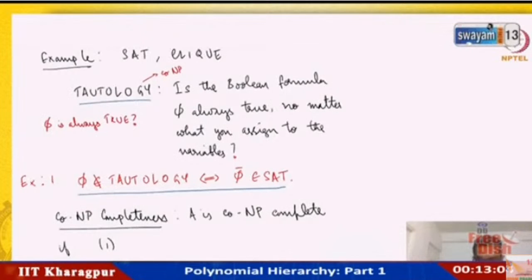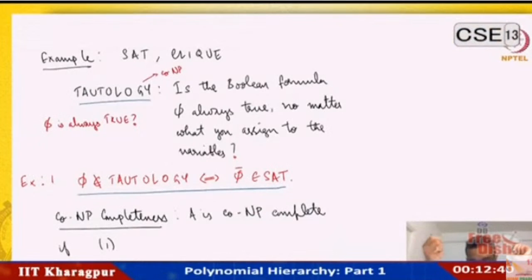The complement of phi just flips the evaluation. So phi does not always evaluate to true, and phi complement does not always evaluate to false, which means phi complement sometimes evaluates to true. In other words, phi complement is satisfiable.